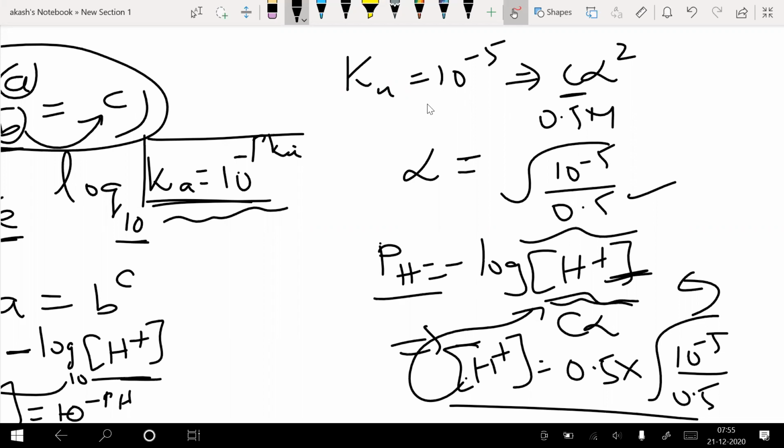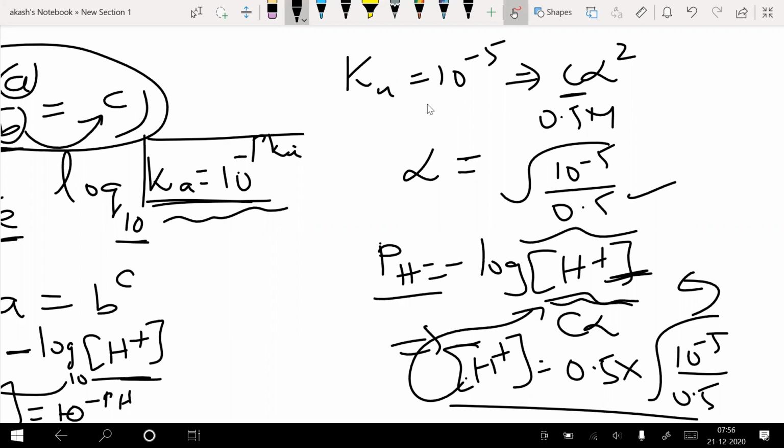Okay, so I have 200 ml of HCl solution of pH equal to 2, mixed with 300 ml of NaOH solution of pH equal to 12.